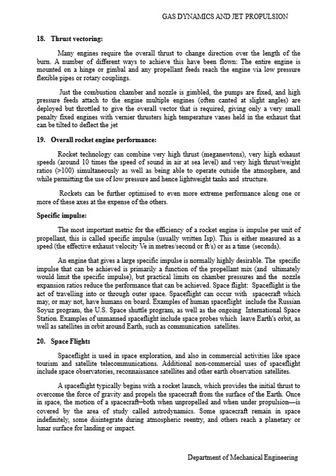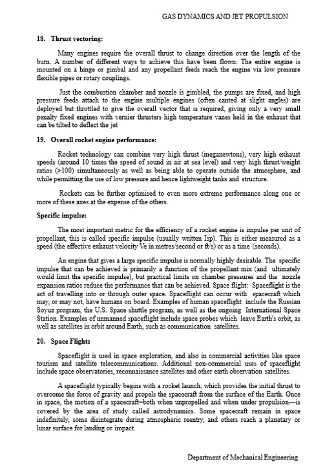Thrust vectoring. Many engines require the overall thrust to change direction over the length of the burn. A number of different ways to achieve this have been flown. The entire engine is mounted on a hinge or gimbal, and any propellant feed reaches the engine via low pressure flexible pipes or rotary couplings. Thus the combustion chamber and the nozzle are inbuilt.